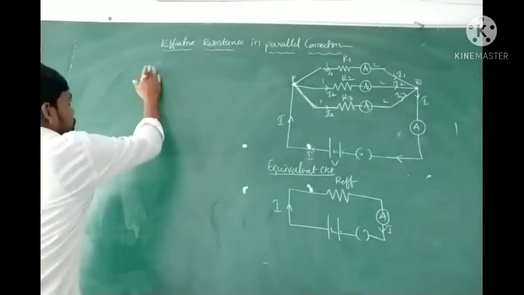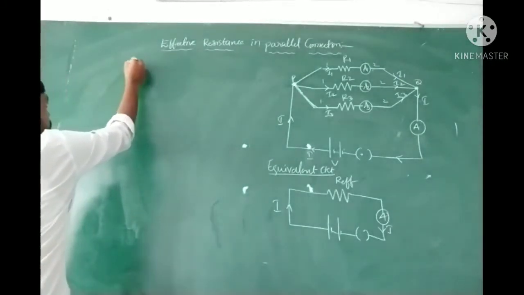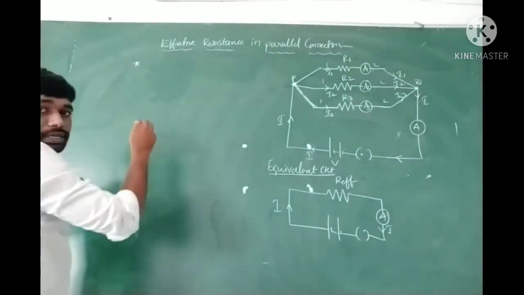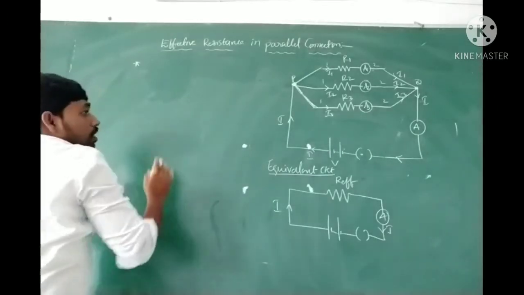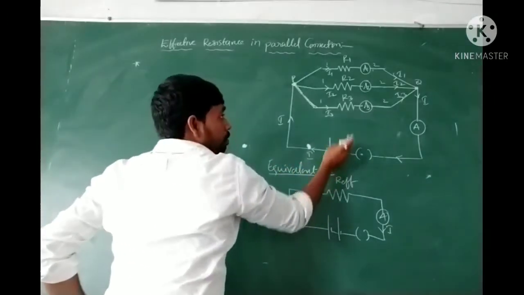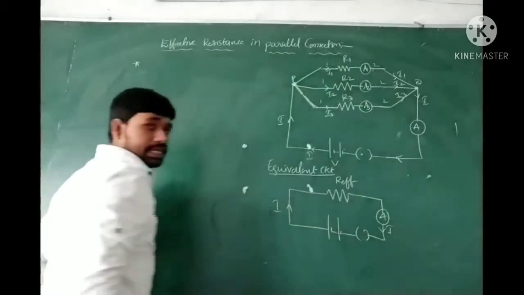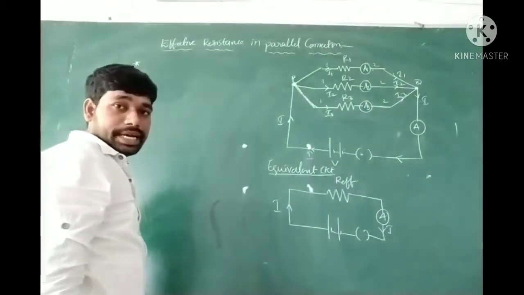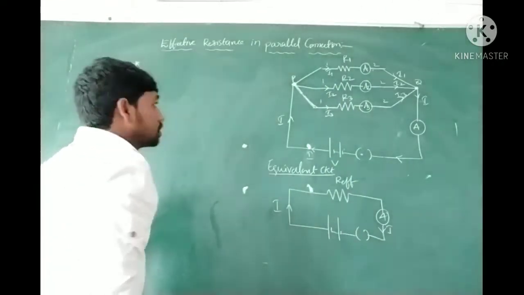Then we can say that in a parallel connection, the voltage is the same, but the current is divided depending upon the rating or capacity of the resistance.